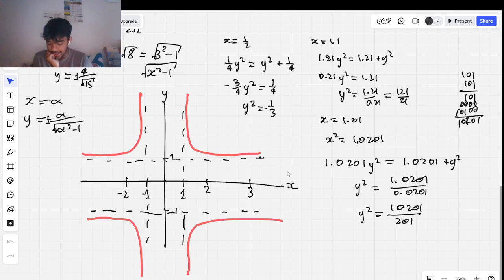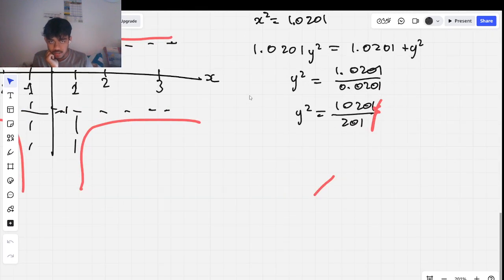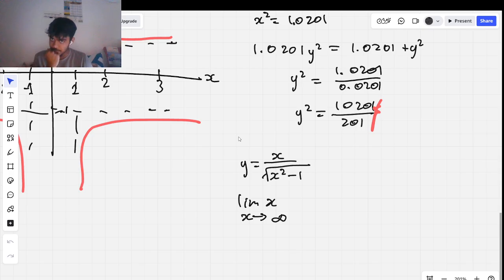And I guess as x tends to infinity, I can take my earlier expression of, what was it? y is equal to plus or minus x over, at least I'm just thinking of it about one instance in this scenario, the square root of x squared minus 1. So I'm going to take the limit as x tends to positive infinity.